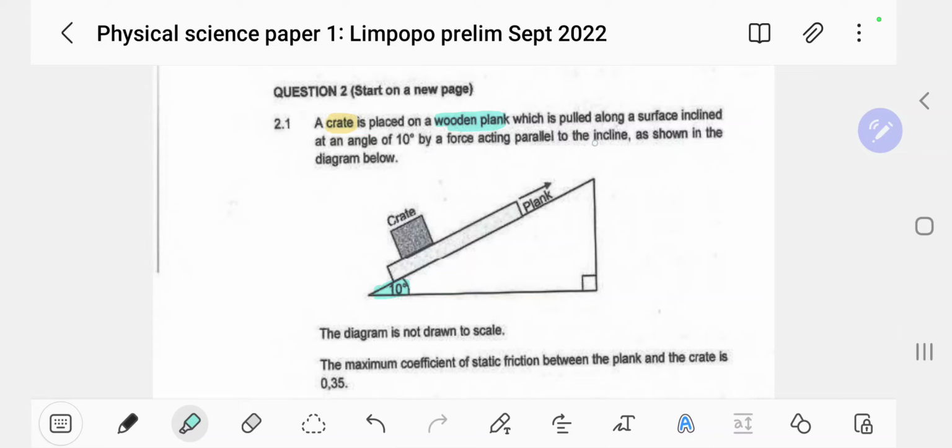It is pulled by a force acting parallel to the incline as shown in the diagram. So remember, on which object is this force applied? The force is applied on the plank, but the crate is resting on the plank, meaning it can go with the plank as a unit. All right, great stuff.